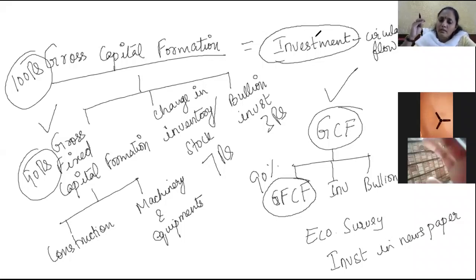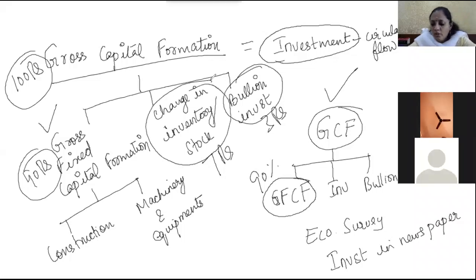In those cases, if you are investing in gold or platinum just for the sake of investment, keeping your money in that particular form, then that will be reported under bullion investment. This is in terms of the machineries and equipment which are not big enough for us to report under the GFCF, but smaller things which are essential to run the particular business, right?